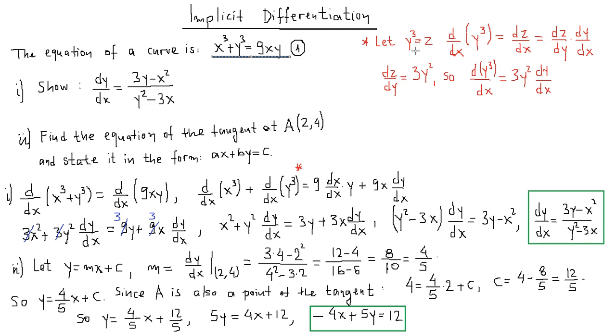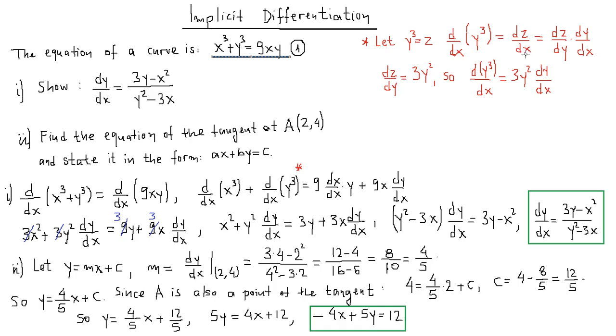Let's suppose that y cubed is a new variable z. Since y depends on x, z also implicitly depends on x. So differentiating y cubed with respect to x is like differentiating z with respect to x. But remember that z is a function of y and implicitly a function of x.